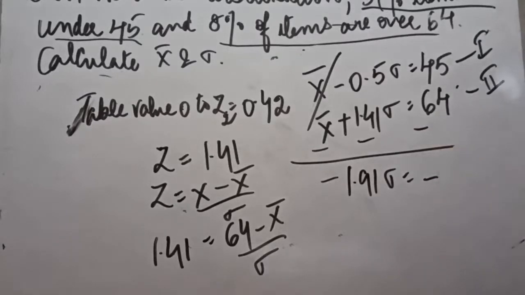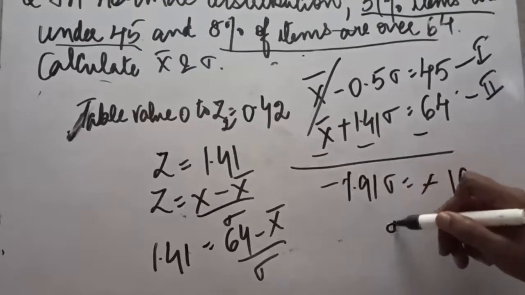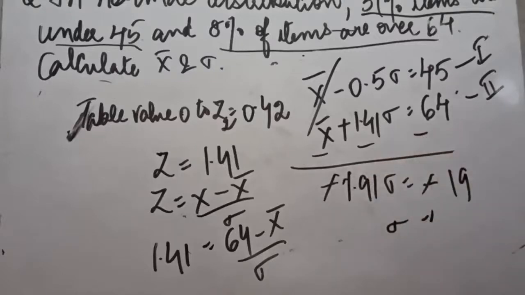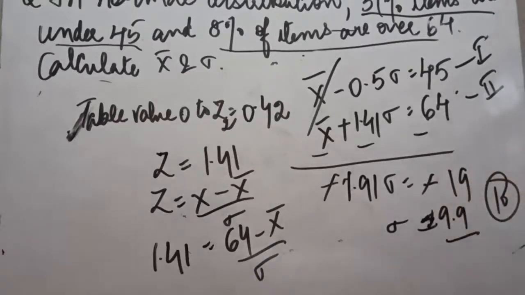It will be 64 minus 45, that is 19. So from here we can calculate the value of standard deviation. So 19 divided by 1.91 comes out to be 9.9, or you can say it is very near to 10. So the value of standard deviation comes out to be 10.